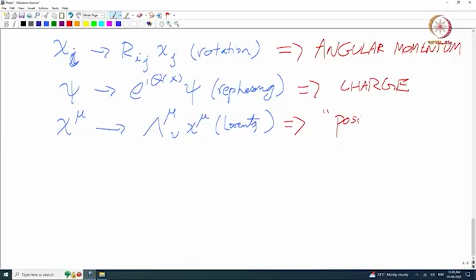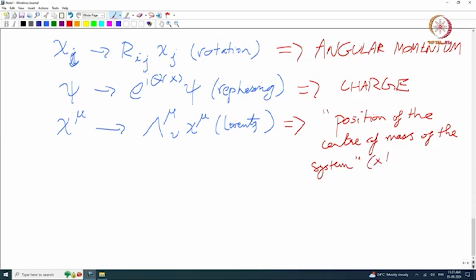The conserved quantity, as far as I know, doesn't really have a name, but it is there nevertheless. It is the position of the center of mass of the system. To be exact, it is this times the total mass of the system.